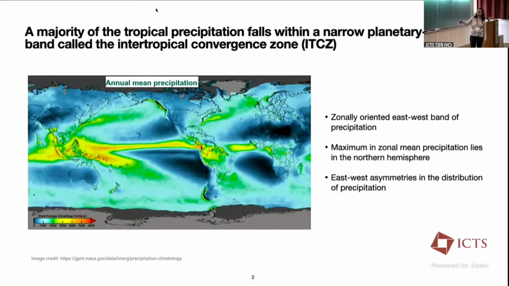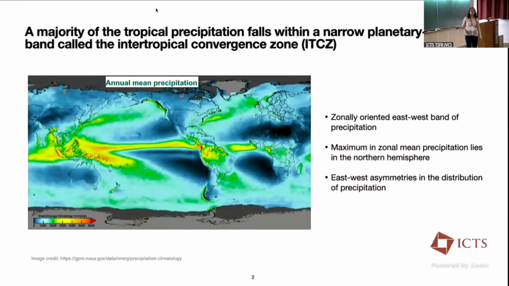What is remarkable is the amount of precipitation that falls in this narrow region. I don't know if you can read the legend, but the yellow starts at 3,000 millimeters per year. So it's quite a lot of rainfall falling into this narrow region. And I mainly look at precipitation in the ocean basins, so that's what I'm going to focus on.